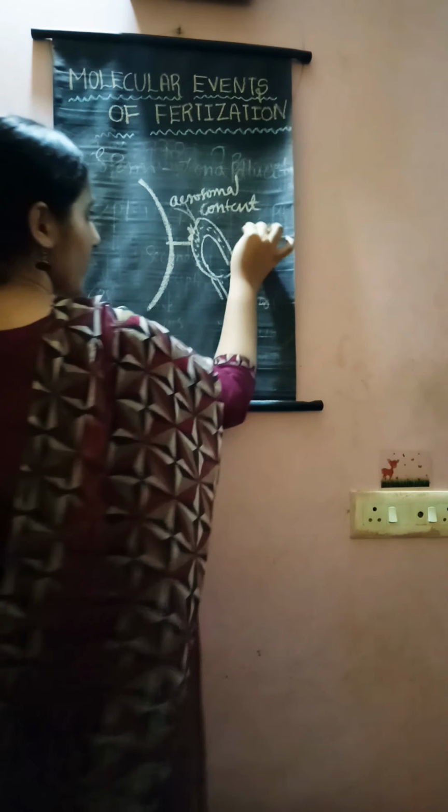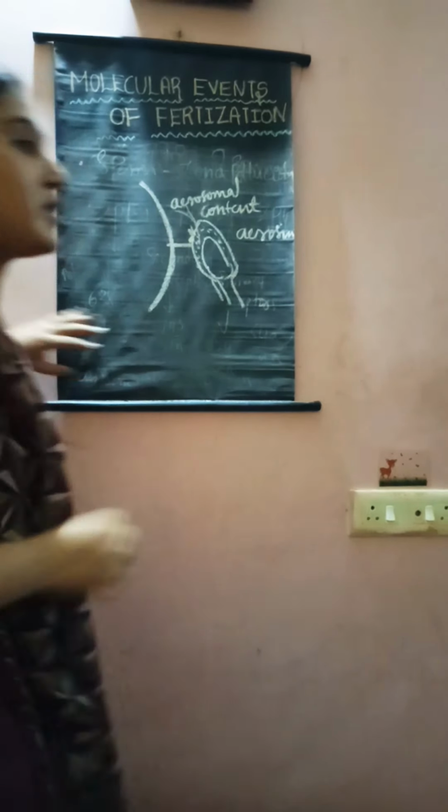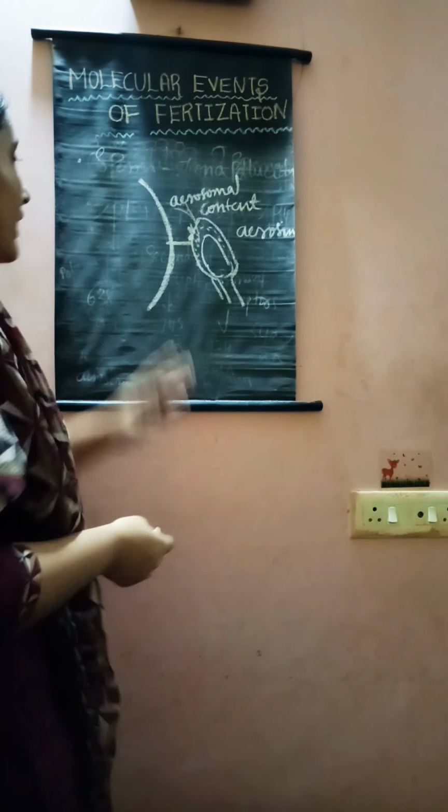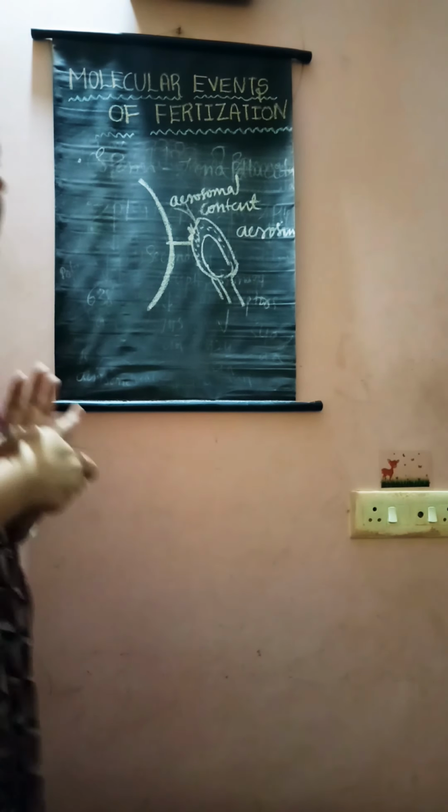Among them, acrosin is one which plays a major role in this step. Binding of zona pellucida and the sperm is a major event of fertilization, because only if the sperm binds to the zona pellucida can it penetrate and get inside and fertilization take place, or else it is not possible.